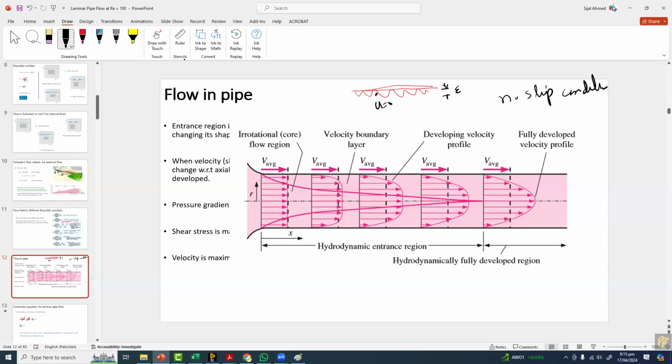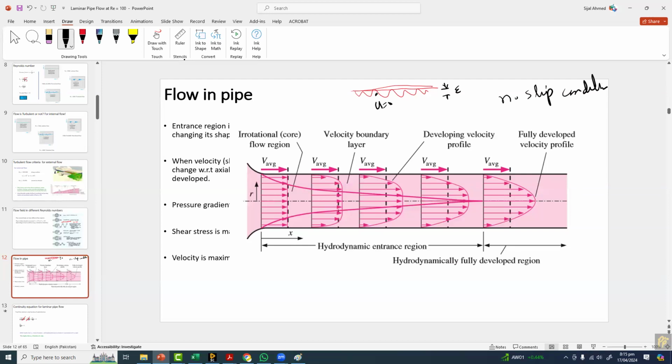So as we have the holding mechanism here, that's why we call this condition the no slip condition. Then it will be growing in the boundary layer, and finally it will grow until the whole flow is in the boundary layer. Like we have the parabolic velocity profile, and now the complete flow is inside the boundary layer.